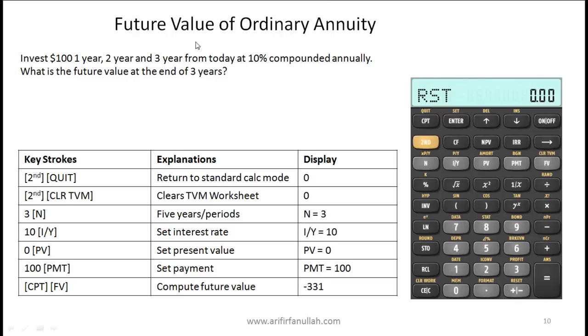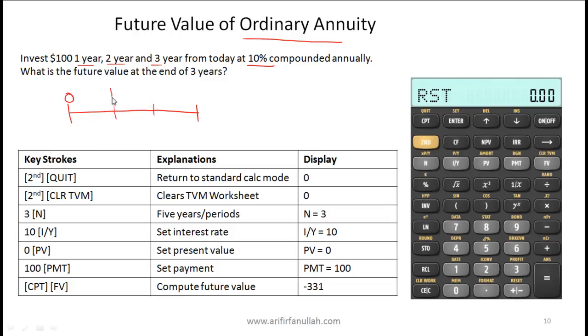The future value of an ordinary annuity. So say you invest $100 at the end of year 1, year 2 and year 3, and the interest rate is 10% compounded annually. What is the future value at the end of 3 years? Let's first make sure we can do a timeline for this.